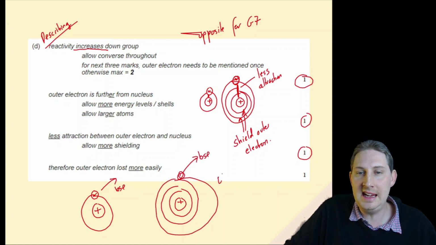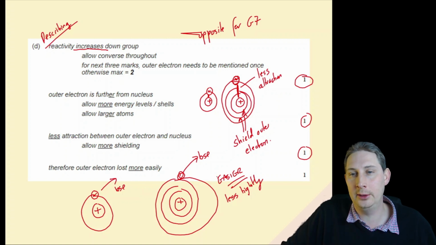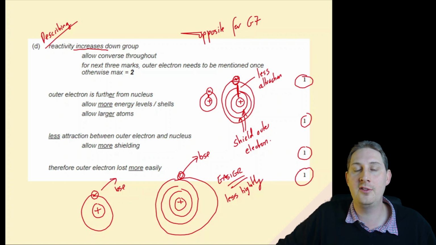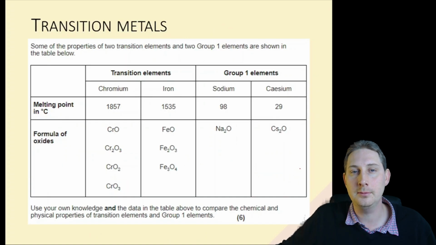And it's much easier for the larger atom because the electron is held less tightly. So it's easier for a large atom to lose that outer electron, and that gets you the final mark. And this comes up quite a lot, so do make sure that you can give these valid points.